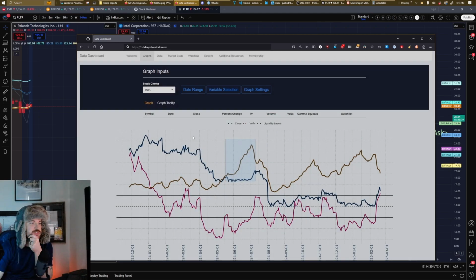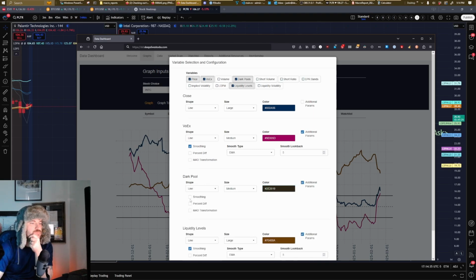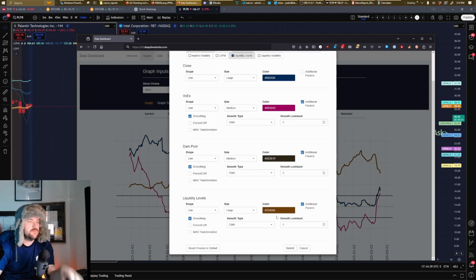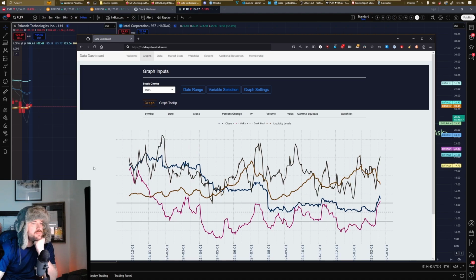I wish the short ratio stuff wasn't messed up. It's not a very pretty graph, I apologize.